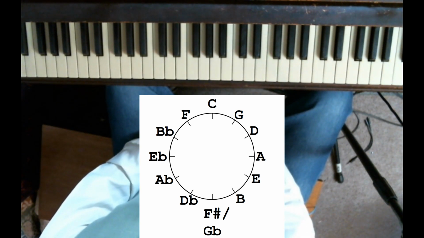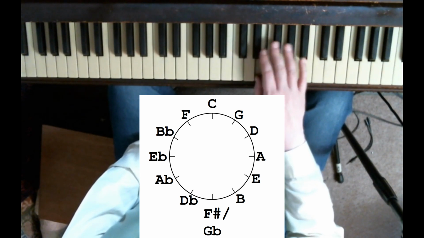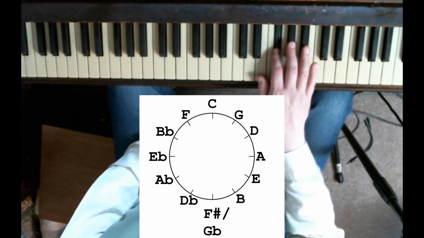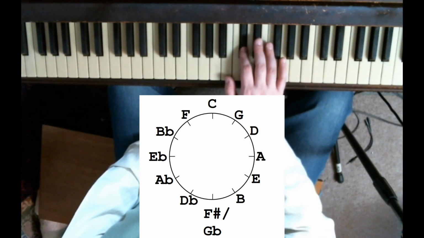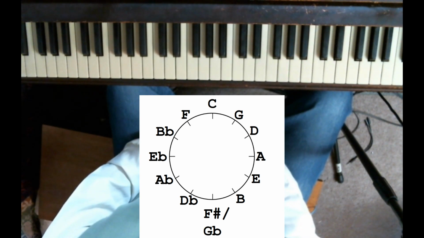Over on the other side, the key of B major has 5 sharps: F sharp, C sharp, G sharp, D sharp, and A sharp. The key of D flat has 5 flats: B flat, E flat, A flat, D flat, and G flat.